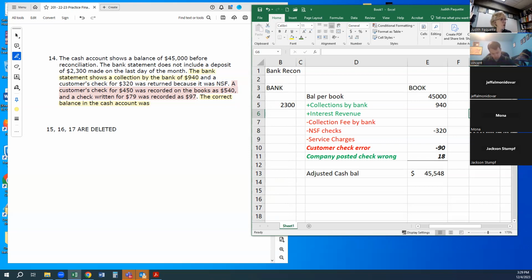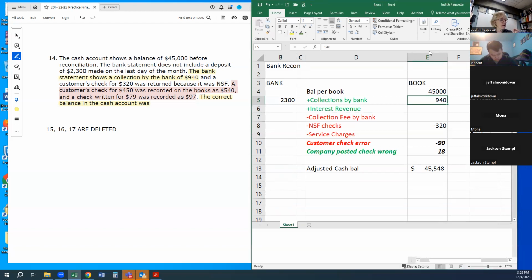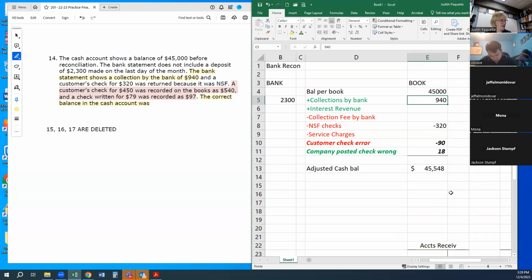All right. So collection by a bank 940. So all the adjusting journal entries, I want you to set yourself up for success. All these adjusting journal entries are the 940 minus 320 minus 90 plus 18. All of those are going to have cash as either a debit or credit and another account as the corresponding account. So collection increases cash.